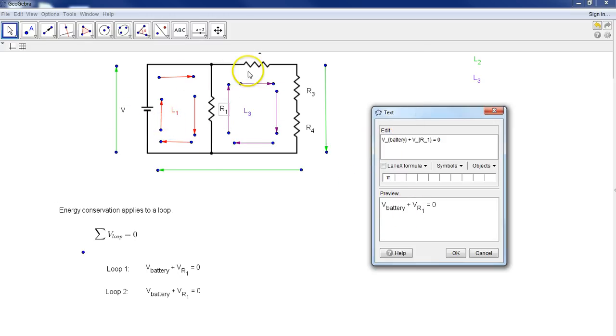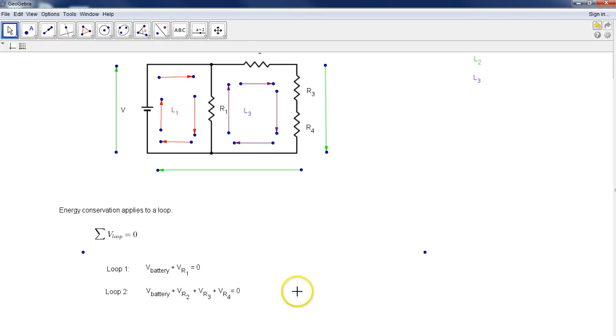We don't pass resistor 1, but we do pass resistor 2. Then we pass resistor 3. Then we pass resistor 4. And then we're back to the battery.